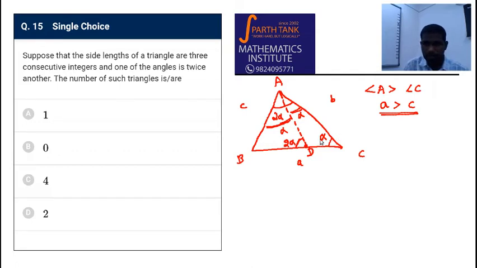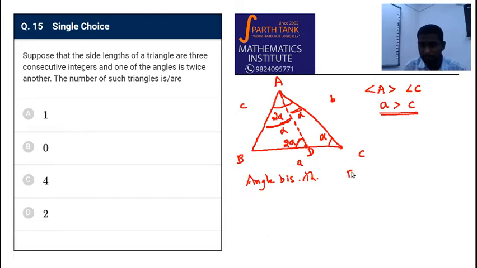Alright. So first things first, let us try to find BD and DC. We know according to the angle bisector theorem, the angle bisector divides the side according to the ratio of the corresponding sides.